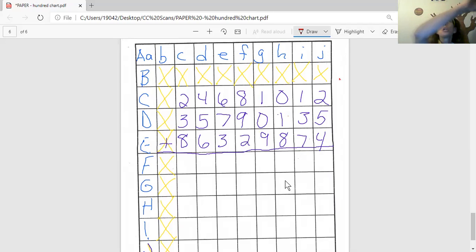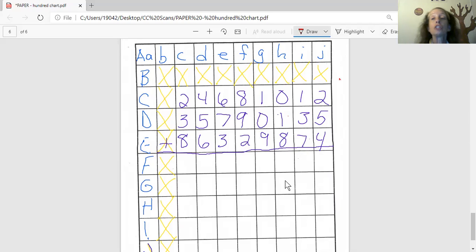And if I add 2 plus 5 plus 4, I get one answer. But if I add 5 plus 2 plus 4, I get the same answer. Also, if I add 4 plus 5 plus 2, I get the same answer. I can take these 3 numbers, switch them up any way I want, and still get the same answer. All right? So if I'm going to add these numbers, why not make it easy for myself, right?